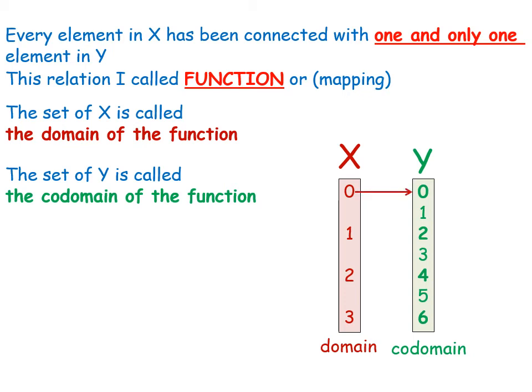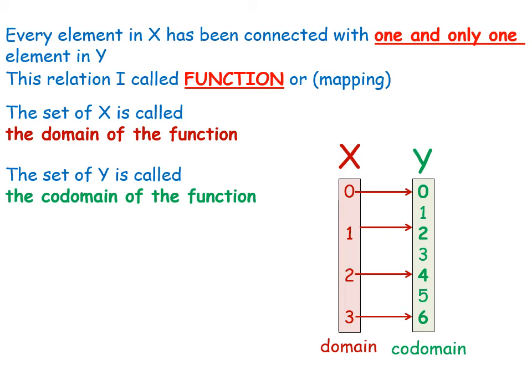And we have a relation between X and Y here. And we will note that every element of X is connected once and only once with an element of Y. Okay? These elements of Y, which are 0, 2, 4, and 6.